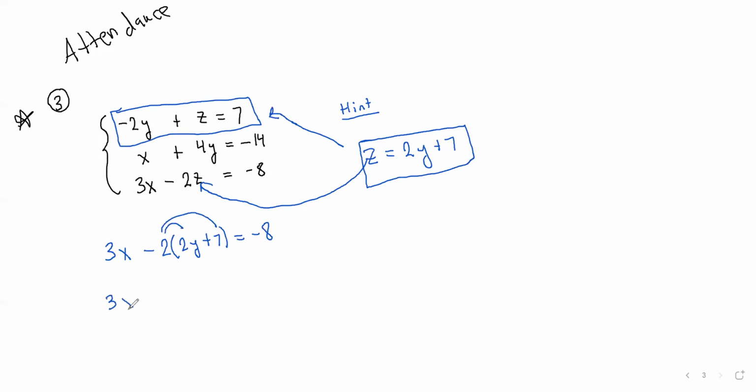So you get 3x minus 4y minus 14 equals minus 8. And then if you add a 14 to both sides, you get 3x minus 4y, these cancel, is equal to 6.